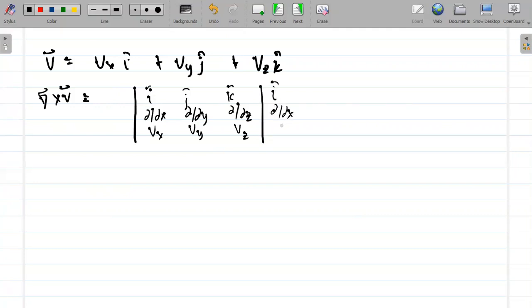Tapos kukopyahin ko yung first column: i hat, partial x, Vx. Para madali na lang mag-calculate. So, itong i hat, i-multiply natin itong dalawang to. Okay? Then, subtract natin siya. So, this is partial Vz, partial y, plus ano yung second term?